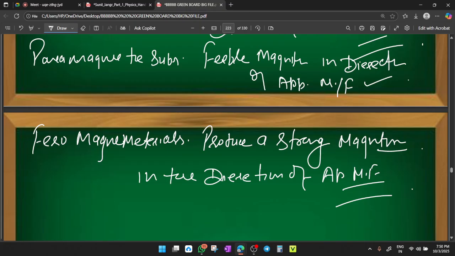Produce is not the correct word, because there is no such production. There is actually a realization of a strong magnetism in the same direction as the applied magnetic field.